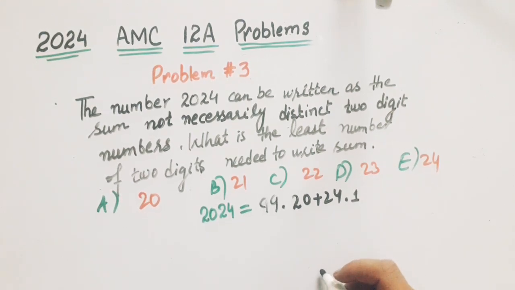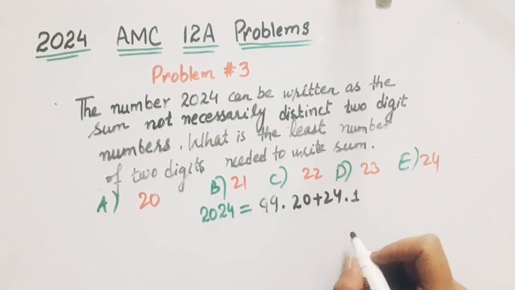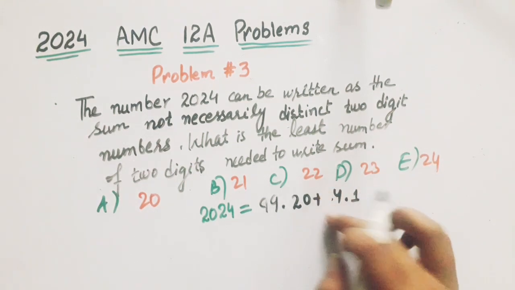So we are choosing 99 and 1 is 44. This will be 20 plus 44.